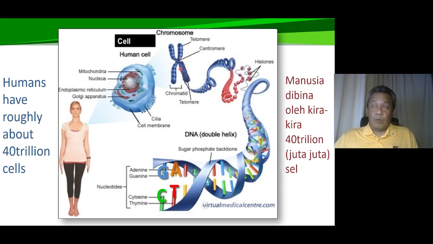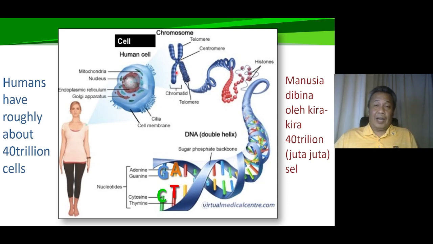Each chromosome is actually made up of DNA that has been wound on histones. Histones are kinds of proteins, wound among themselves, and then wound again, multiple levels of winding until you get a chromosome.